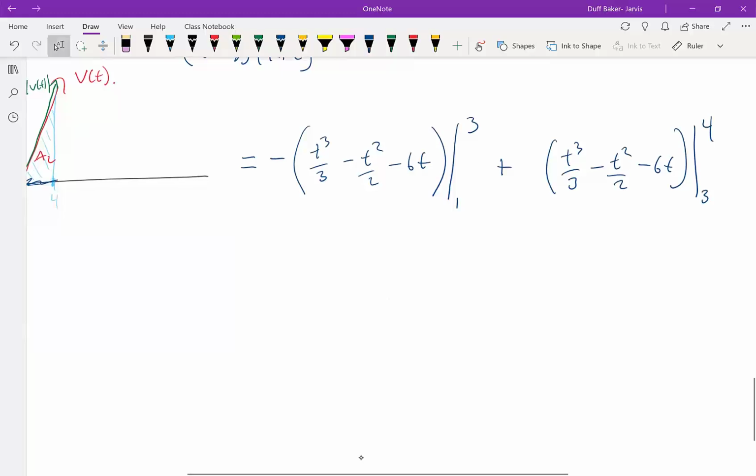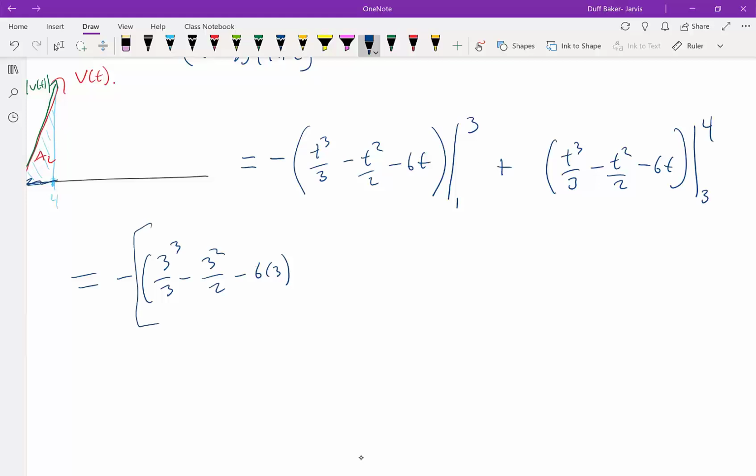Then you just throw everything in. It's a little bit tedious to plug everything in. 3 squared over 2. And you have to be careful with your negative signs, right? So there's like 3 layers of negatives here.